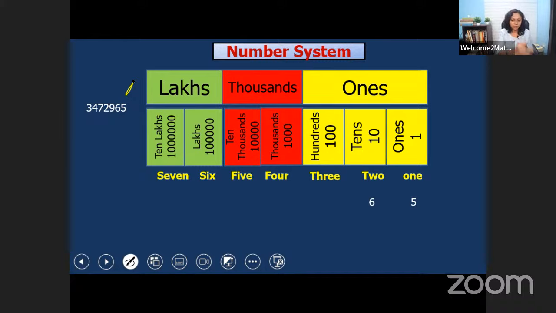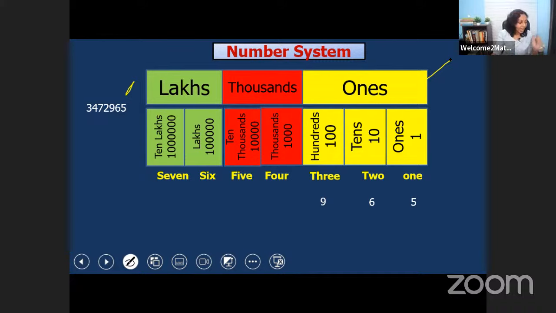Next digit is 9, at the hundreds place. These 3 places, ones, tens and hundreds, make the ones period. Got it? 965. These 3 places make the ones period.